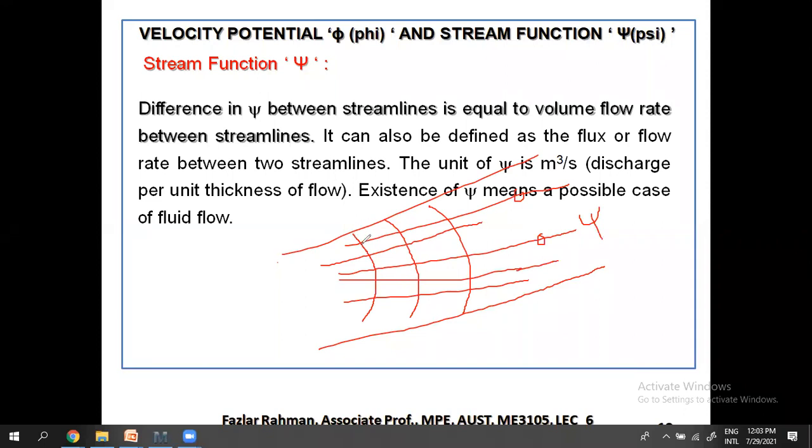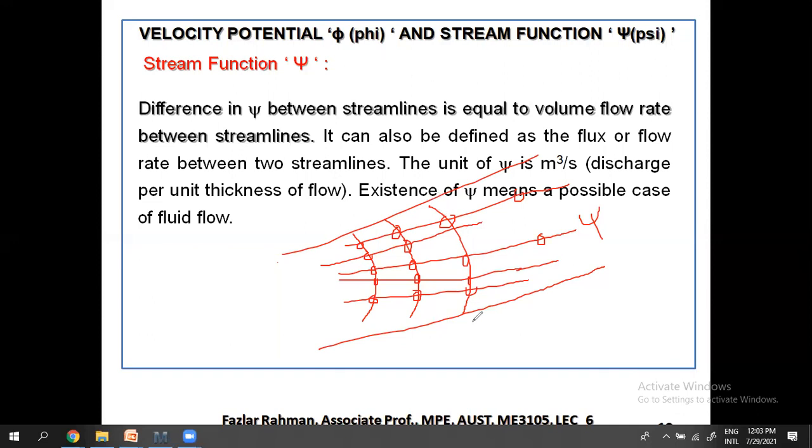And I like to know where is the velocity line, right? Fluid particles right over here, all the fluid particles have the same velocity. Along this line, fluid particles will have the same velocity. Similarly, along the third line, all the fluid particles have the same velocity.